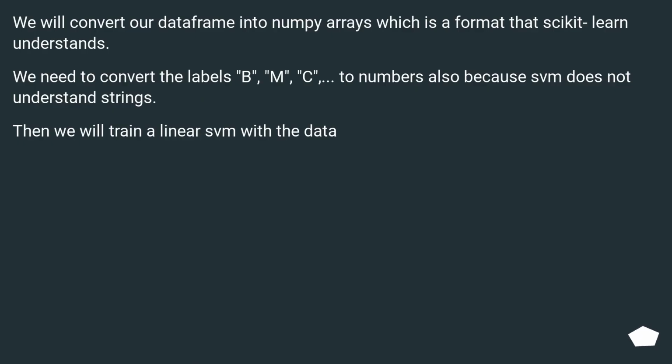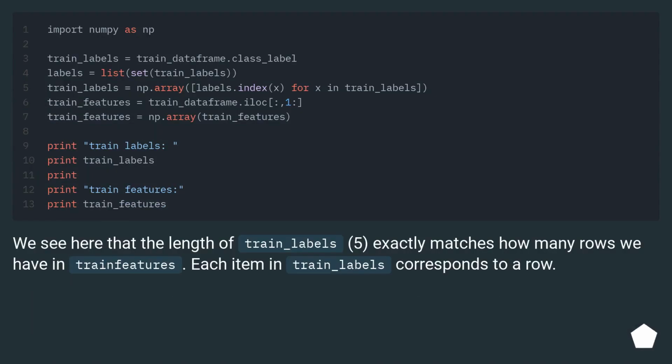Then we will train a linear SVM with the data. We see here that the length of train_labels, 5, exactly matches how many rows we have in train features. Each item in train_labels corresponds to a row.